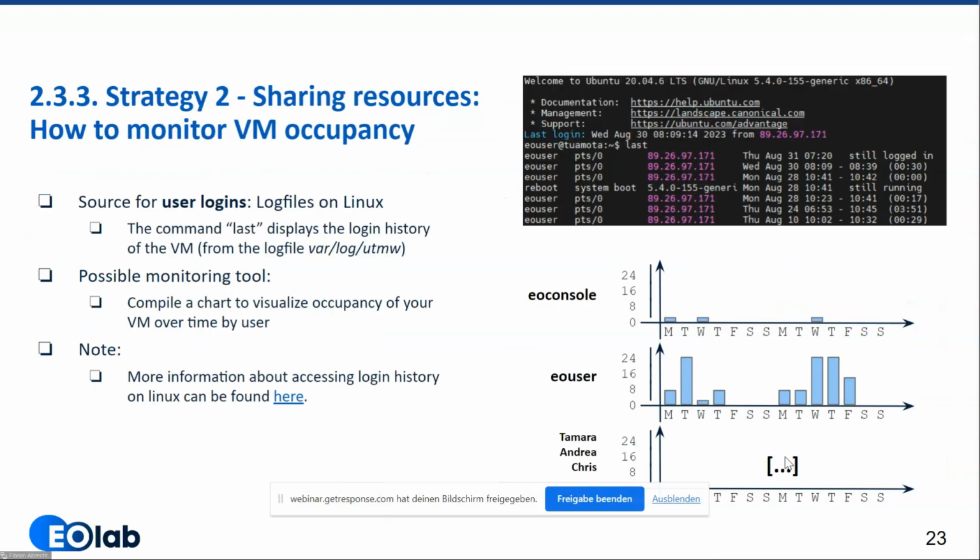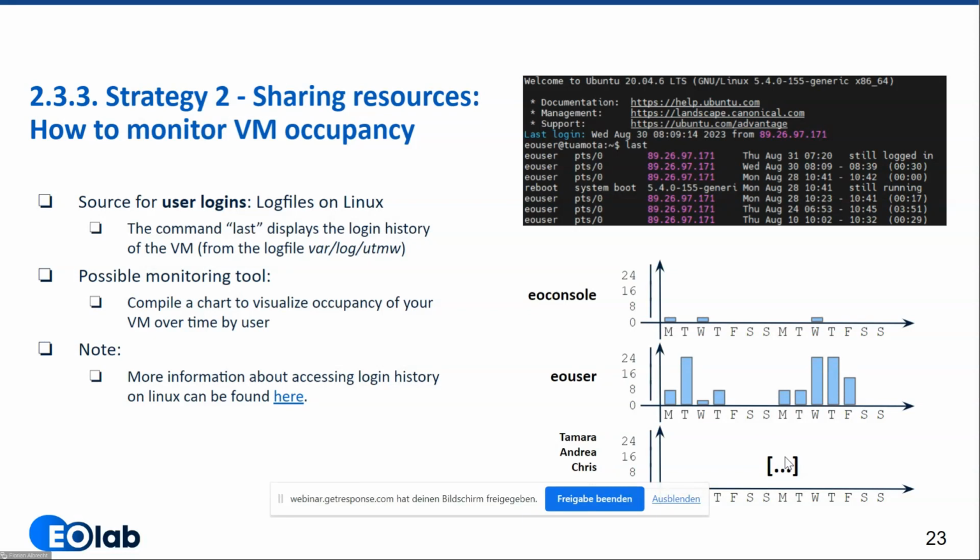So what's the advantage of this resizing and using one virtual machine instead of 3? There, it's about sharing resources, but you also should monitor your resources. And this will also illustrate how the sharing would work. On Linux, you have the log files.